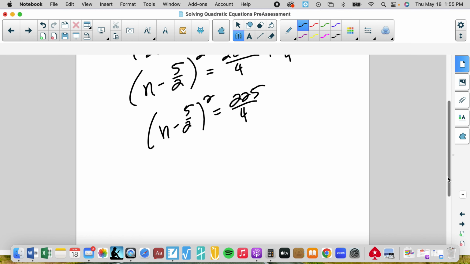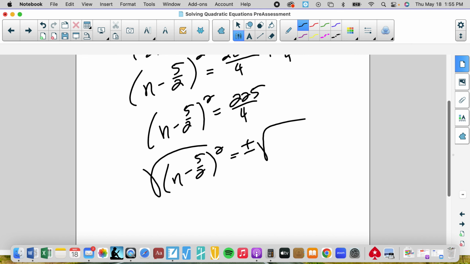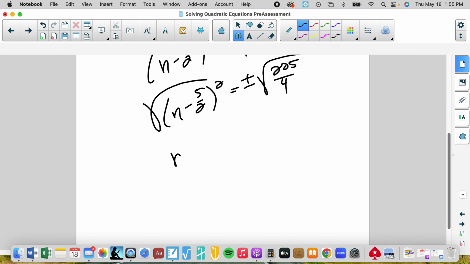That's relatively easy. Now I'm going to square root both sides because I got to get rid of that square so I can get into that variable. Plus or minus square root 225 over 4. That leaves me with n minus 5/2 equals plus or minus. I'm going to separate 225 and rad 4.